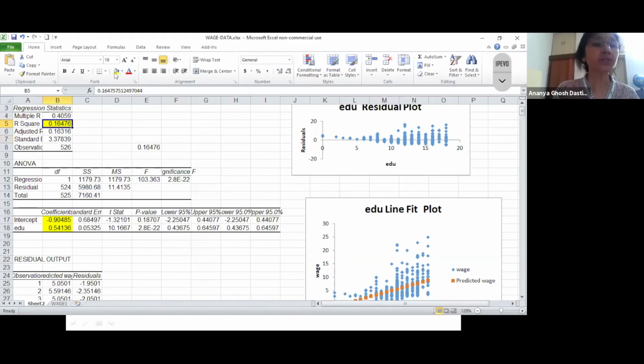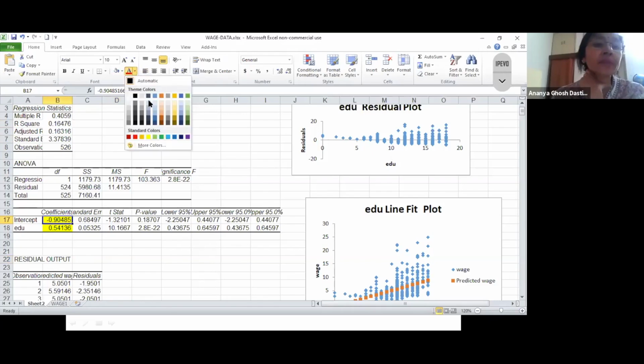Right, so now you can see there are only two things highlighted in yellow on your screen. One is alpha hat and the other is beta hat. So what is alpha hat? Alpha hat, remember, is the estimate of your constant term.